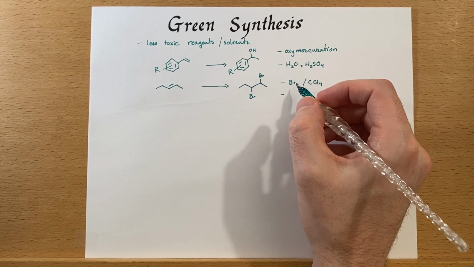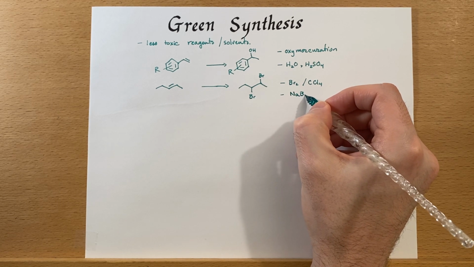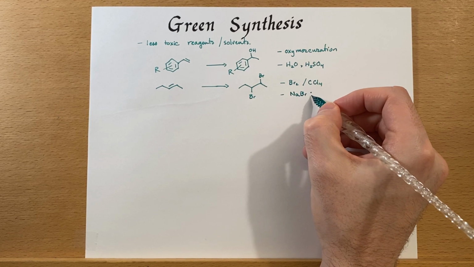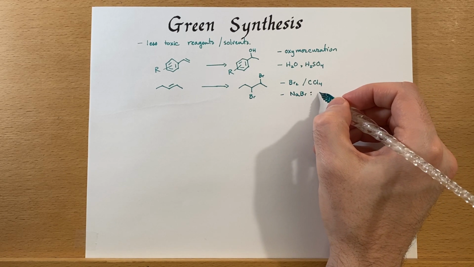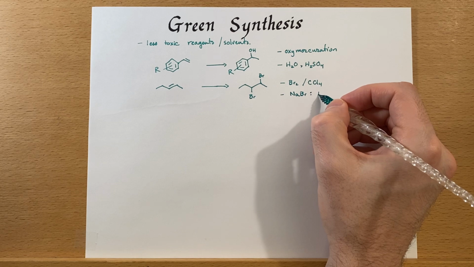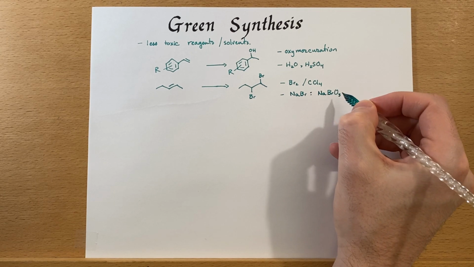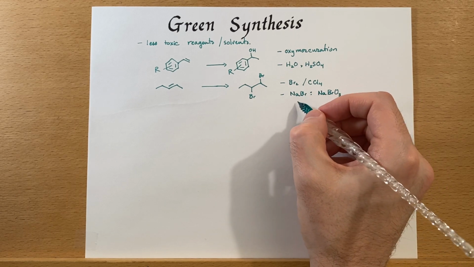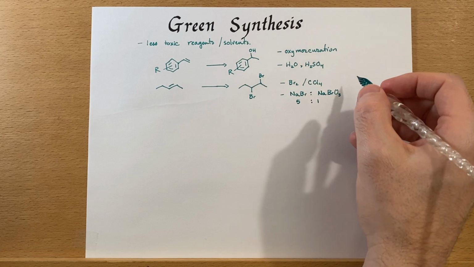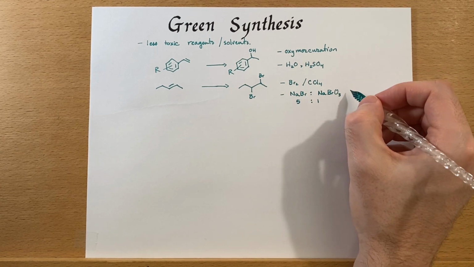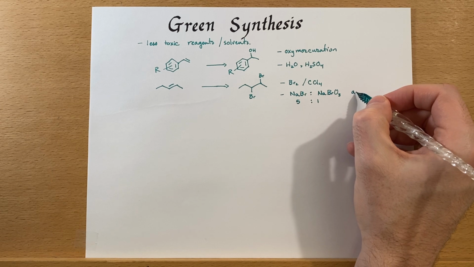And one of those options is to use sodium bromide with sodium bromate, and you use a 5-to-1 ratio of these two reagents, and you can run this in acetic acid.